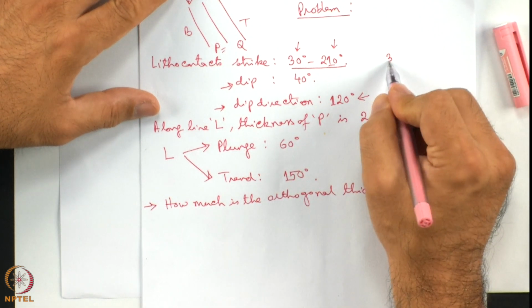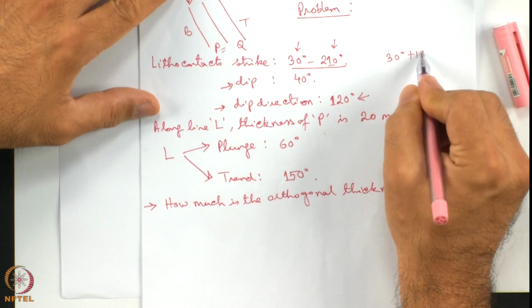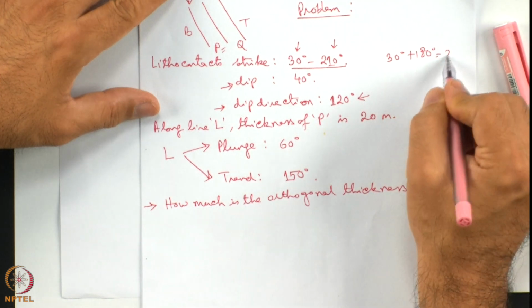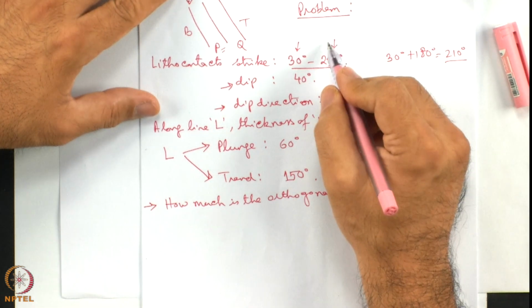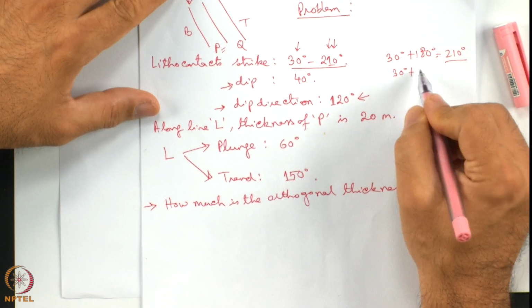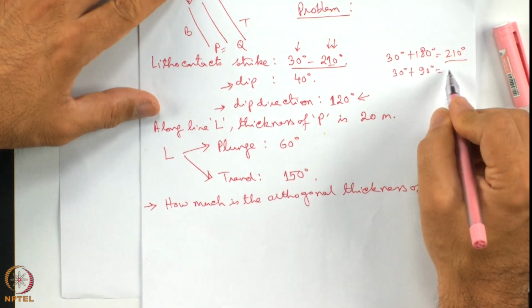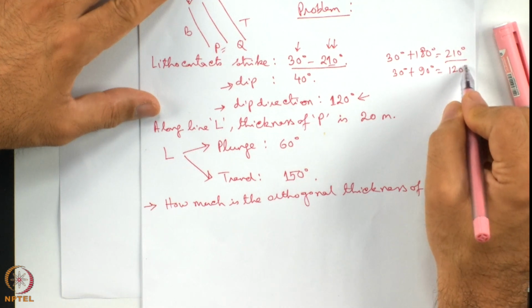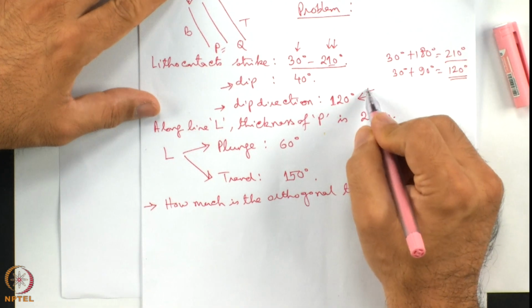Note that 30 degree plus 180 degree is equal to 210 degree, which is written over here, and 30 degree strike plus 90 degree is equal to 120 degree, which is the dip direction written over there.